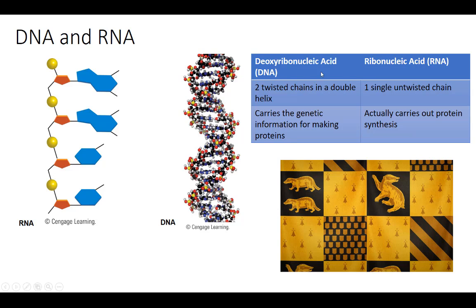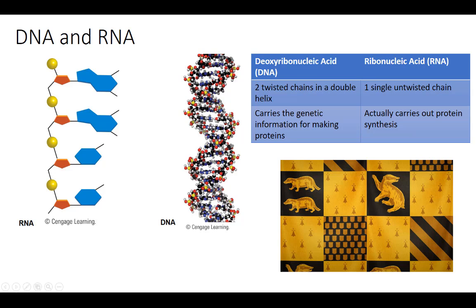So what are the big differences between the two? Well, DNA is two twisted chains in a double helix, right? Here's one side and here's the opposite side. And they're bound together, kind of like a twisted ladder is a good example of what the shape would look like.